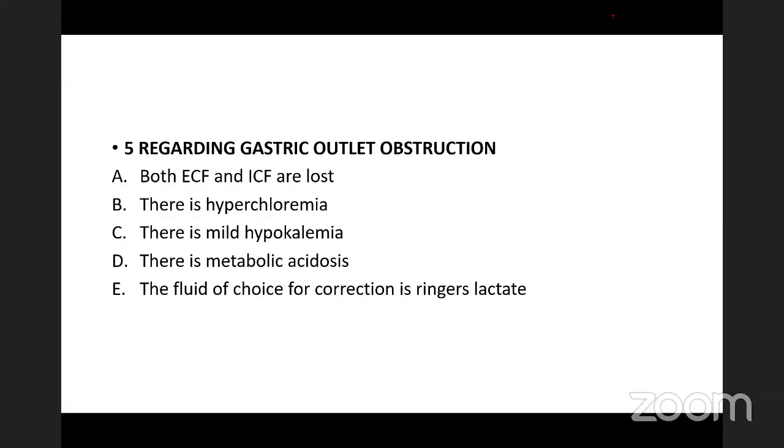It is not a mild hypokalemia. That is false. D, there is metabolic acidosis. That is false because they are losing acid. They develop metabolic alkalosis.